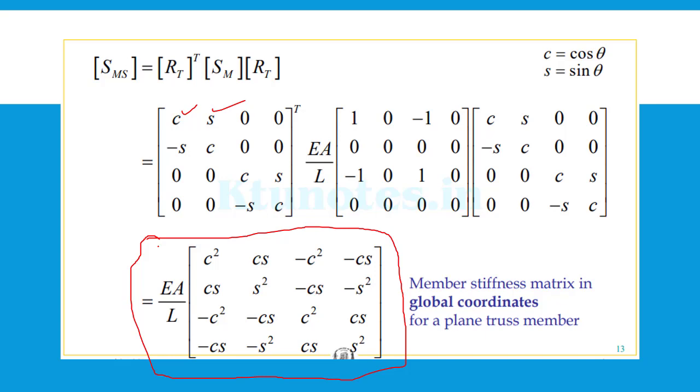Suppose you have three truss members. For member 1 you have this matrix. If you substitute the values, you will get the global coordinate values of member 1, plus member 2, plus member 3, which will give you the total structure member stiffness. So these are the member stiffness matrices in the global coordinate for a plane truss member.